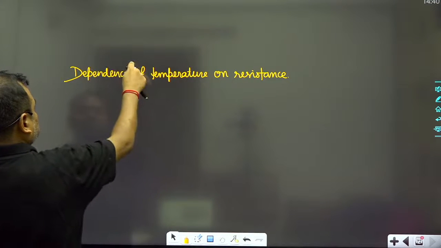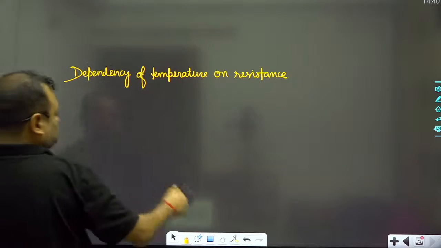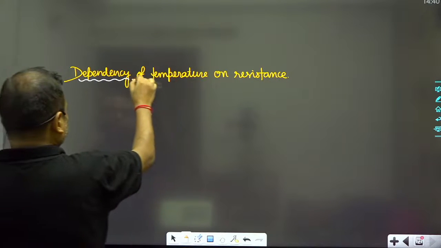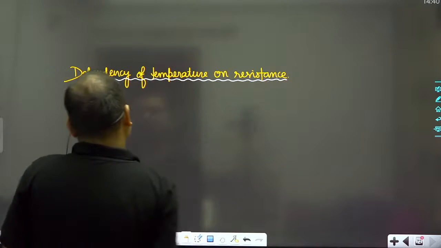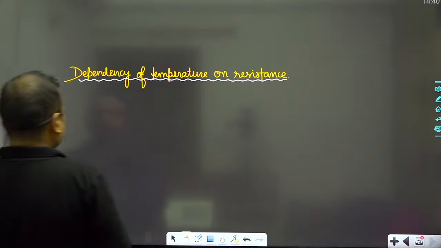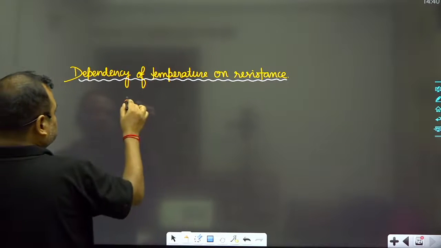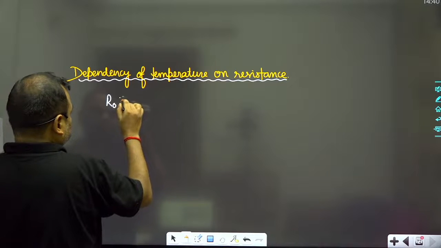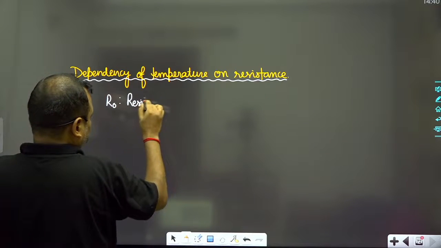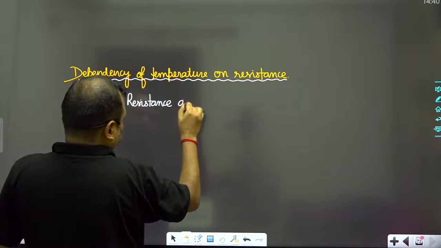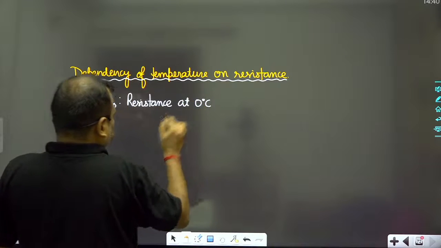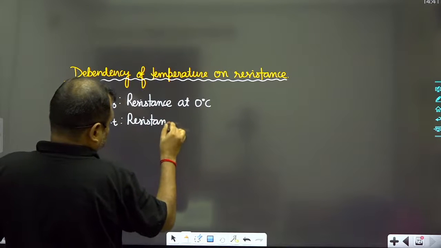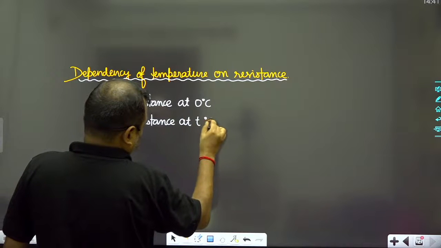When we talk about the dependency of temperature on resistance, suppose R0 is the resistance at 0 degrees Celsius, and RT is the resistance at T degrees Celsius.